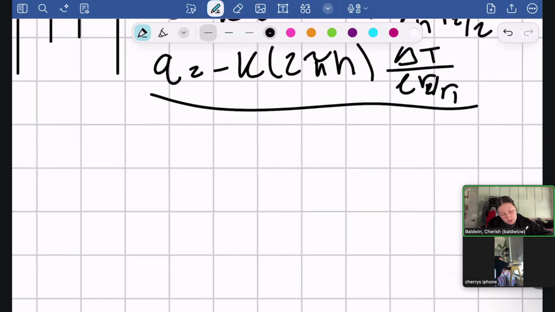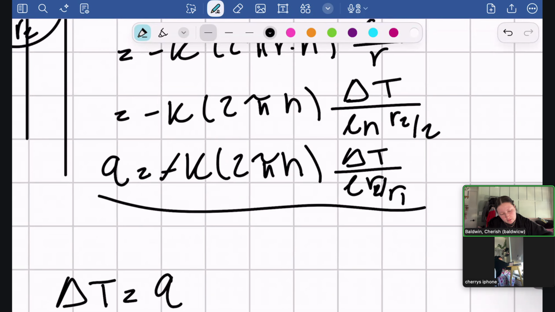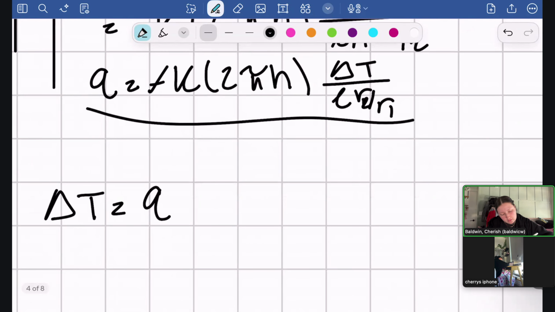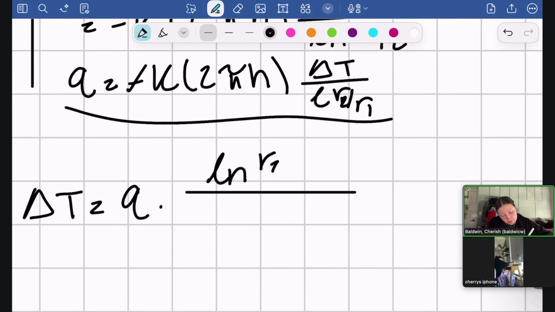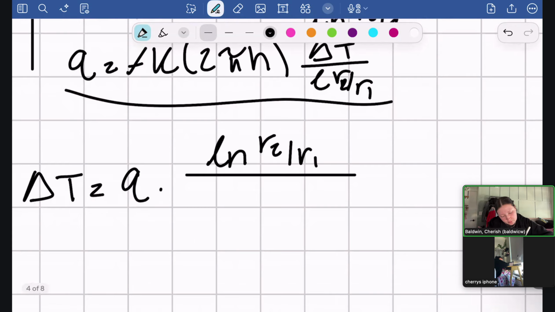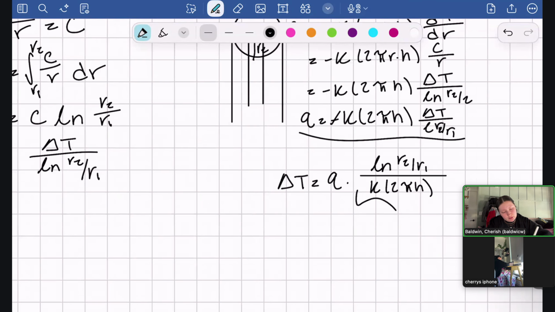So it's going to be delta T is equal to Q times, and we cancel all the negatives because we know that heat flow goes from high temperature to low temperature. So this represents R.